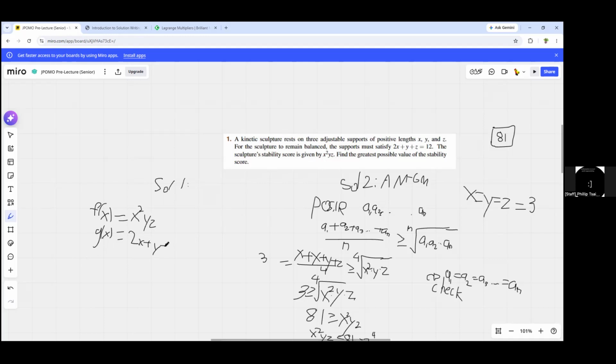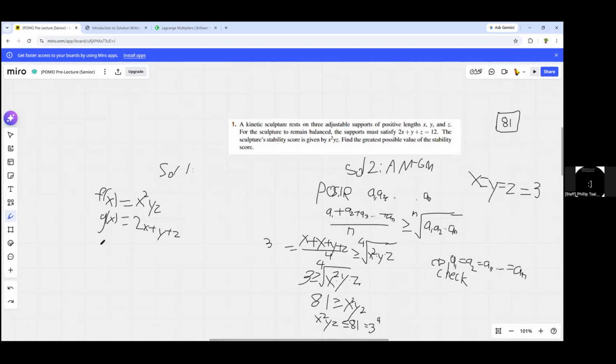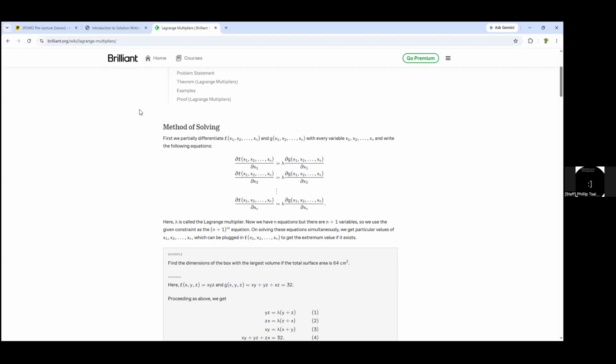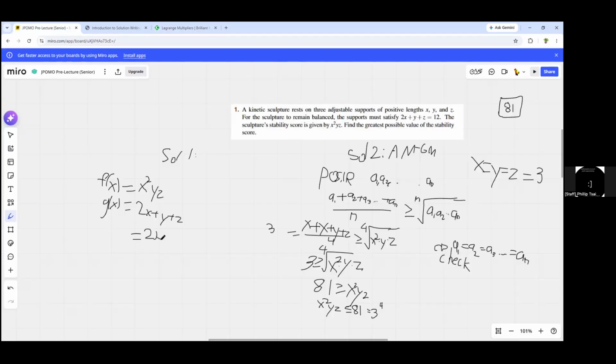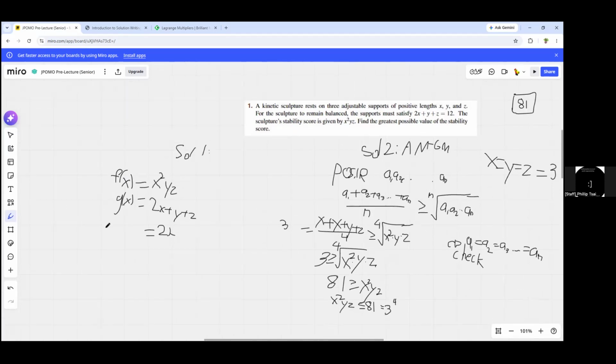So essentially, we take the partial derivative of g with respect to x, y, and z, and then we multiply it by our Lagrange multiplier, which in this case will be lambda, I'm pretty sure. So 2 lambda, right? And then we take the partial derivative of f with respect to x as well, which in this case must be, if I'm not wrong, 2xyz.